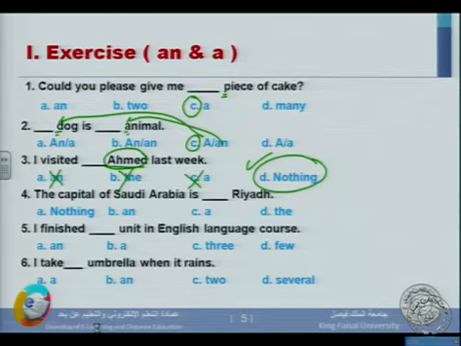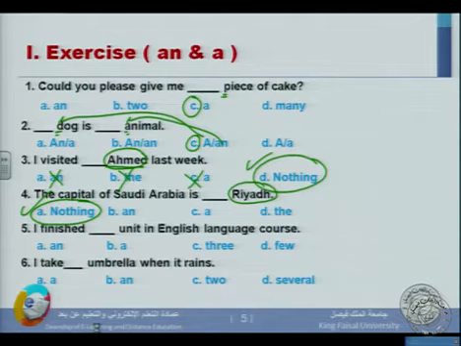Number 4: The capital of Saudi Arabia is Riyadh. Riyadh is the capital, العاصمة. So it is a city, هي مدينة. وحكينا we can't use a and an with cities. So the answer is nothing. We can't use an, a, or the with the cities.